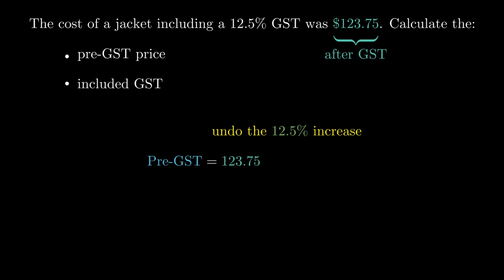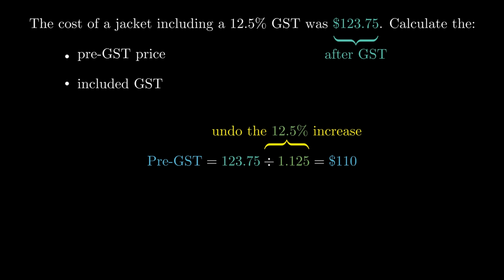And we know from our previous work that a 12.5% increase normally would come from multiplying by 1.125. So to undo this, we'd have to divide by 1.125. And that gives us a pre-GST cost of $110.